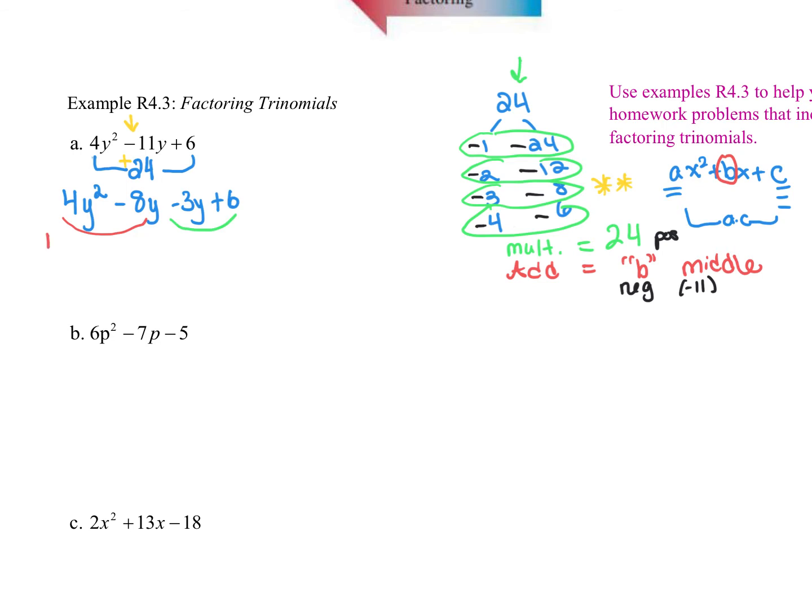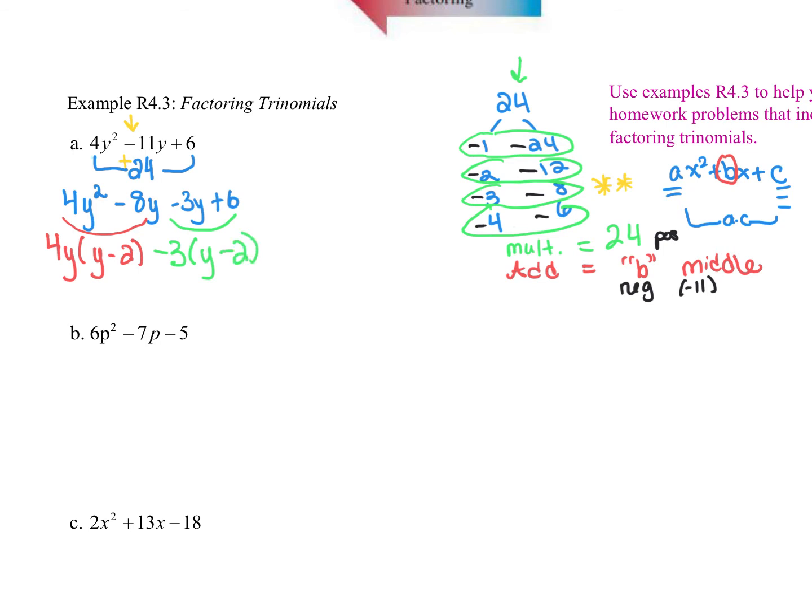In the red group, they both have a 4y in common, and you're left with y minus 2. In green, they have a minus 3 in common, and you're left with y. Be careful. Positive 6 divided by a negative 3 is a negative 2.